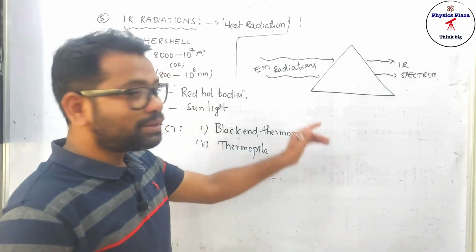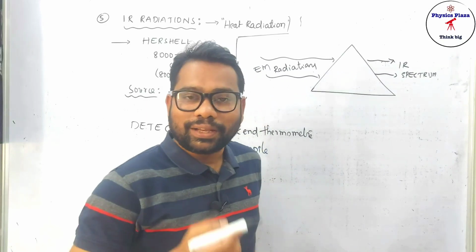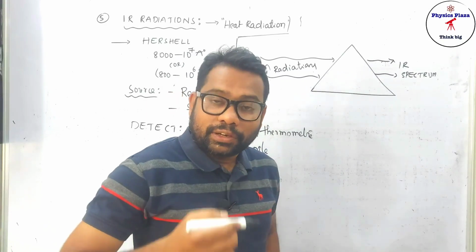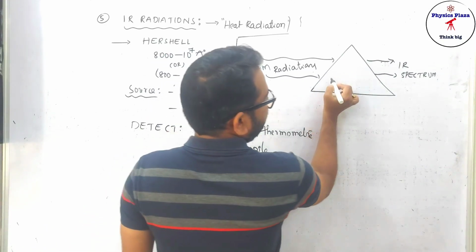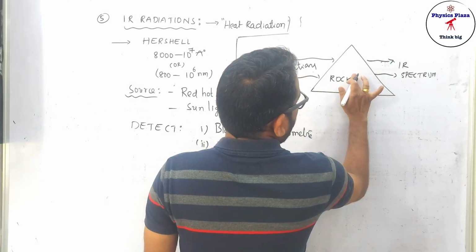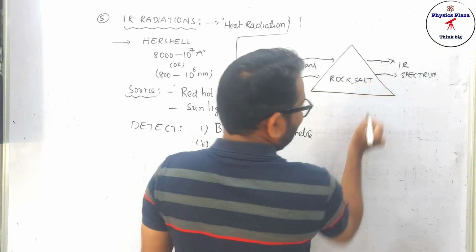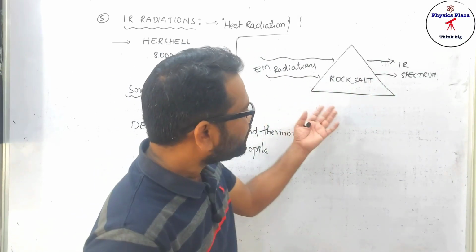Is it clear? Fine. But from the examination point, this name is very important. So what is that prism? How can we obtain the infrared radiations or IR spectrum? Children, this is rock salt. We know rock salt. Okay, fine.